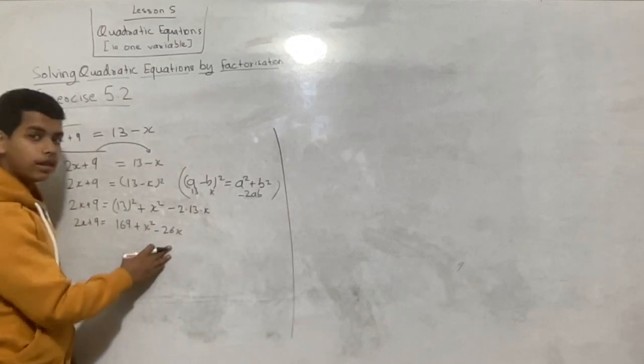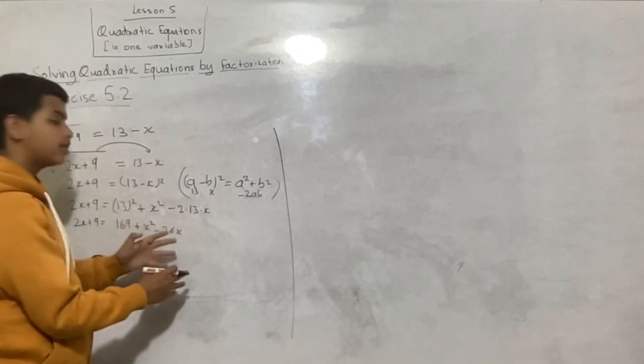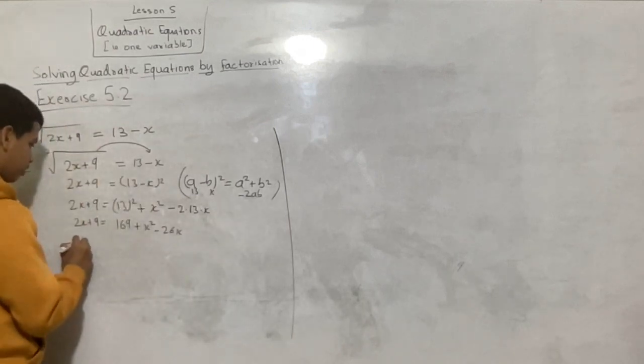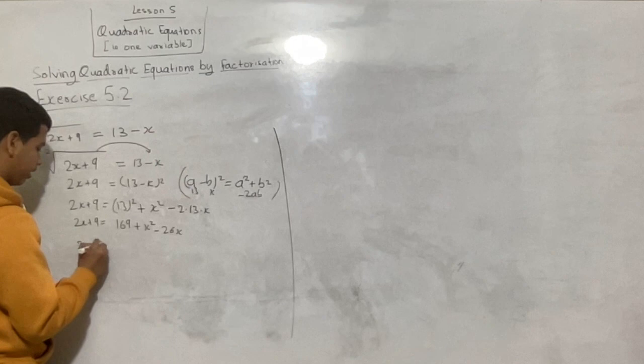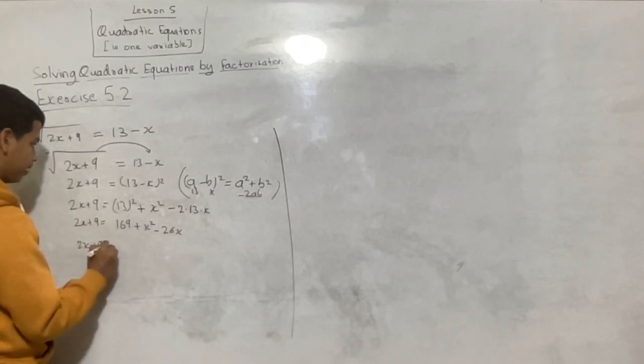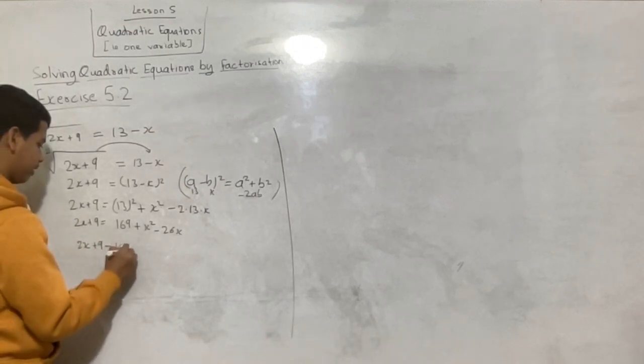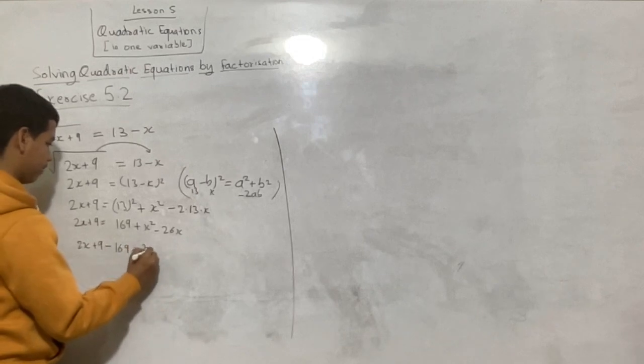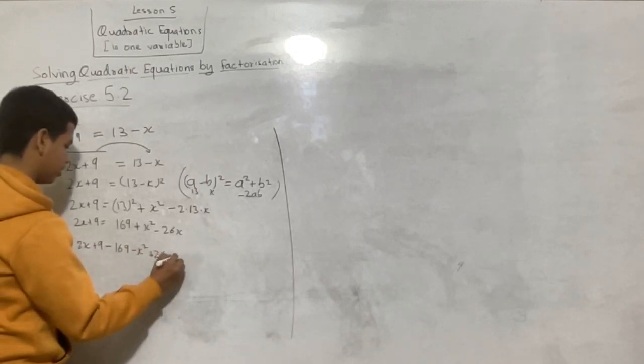Here let's take all the values on the right hand side to the left hand side. So 2x plus 9 minus 169 minus x square plus 26x is equal to 0.